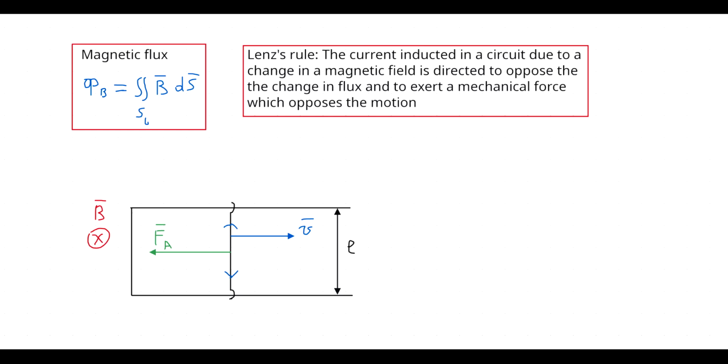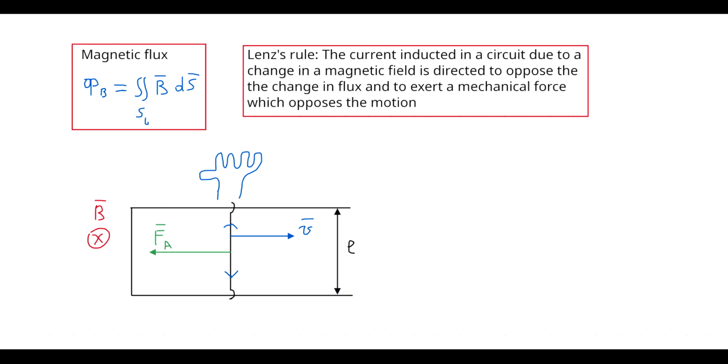According to this rule, magnetic induction vector B must be directed to the palm. So in this case, we have to put our left hand in this way. So vector B is directed to the palm.